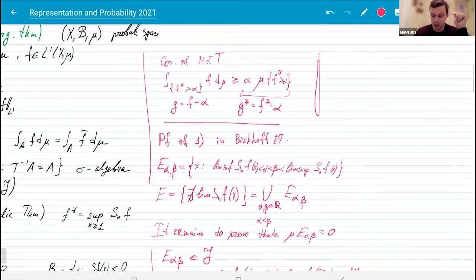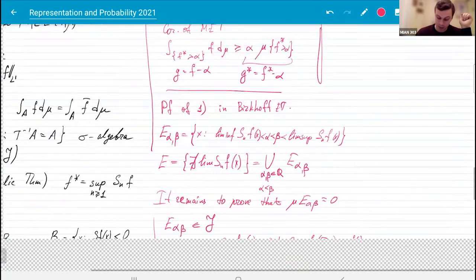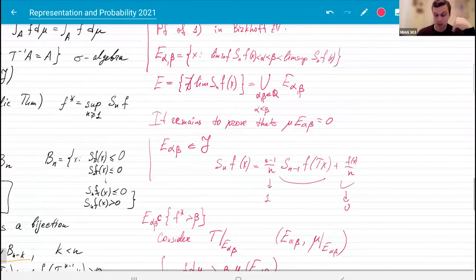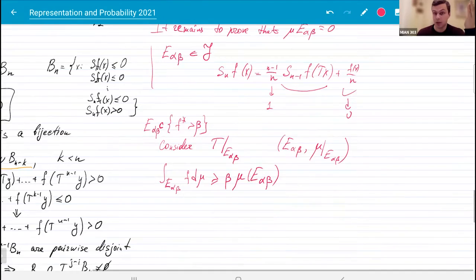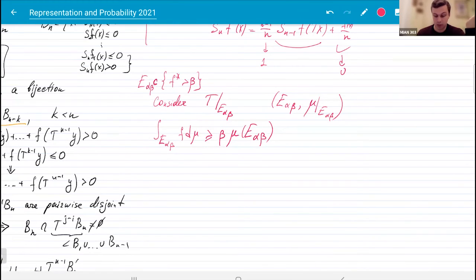Recall that for the entire space E alpha beta, we have that F star is larger than beta, or in fact, it is not only the supremum larger than beta, but the lim sup is larger than beta. So we have this.